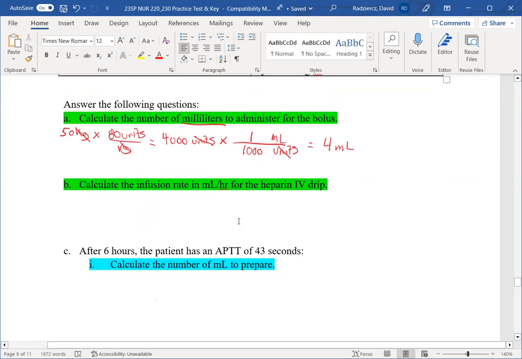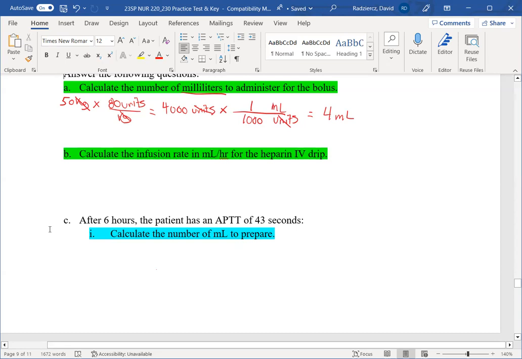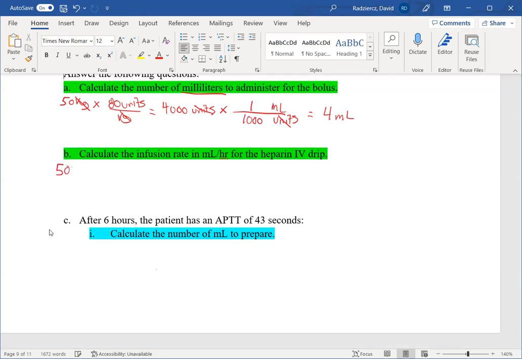I'm going to take the patient's weight, so 50 kilograms, times my initial flow rate of 18 units per kilogram per hour. 50 times 18 is 900 units per hour.